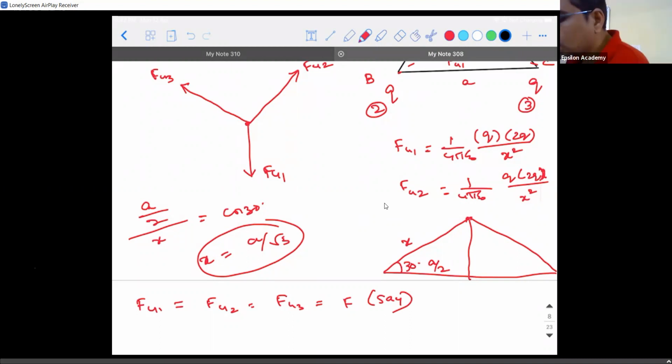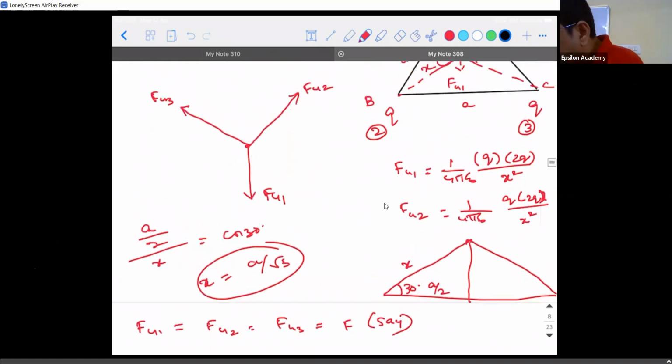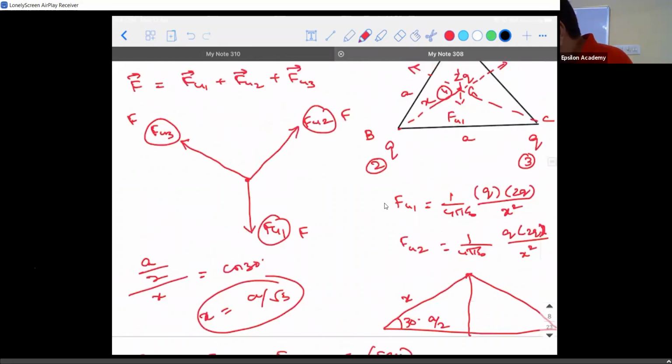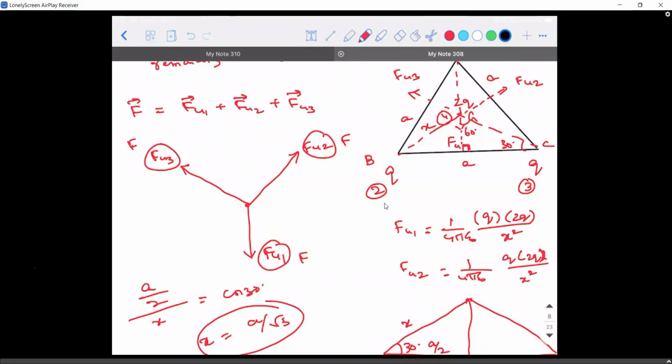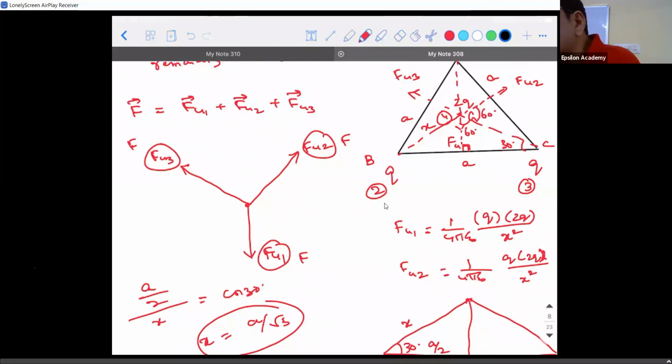Now, if I write this as F, this as F, and this also as F, comes an important question. If this angle is 30 degrees and this angle is 90, then how much is this angle? It is 60. In a similar way, this is also going to be 60 degrees.